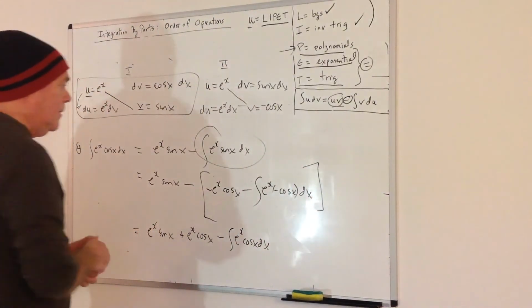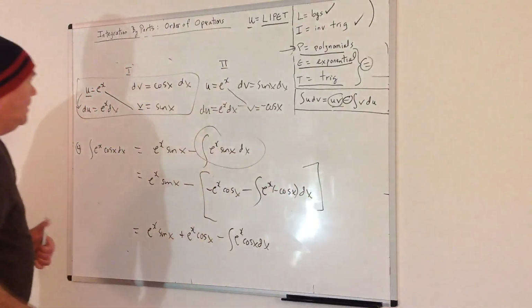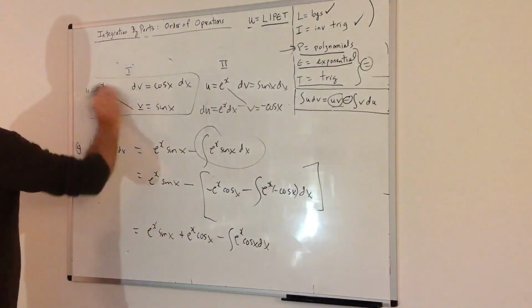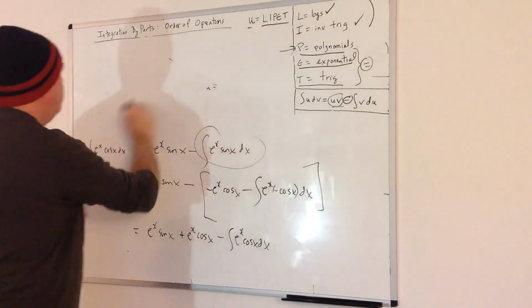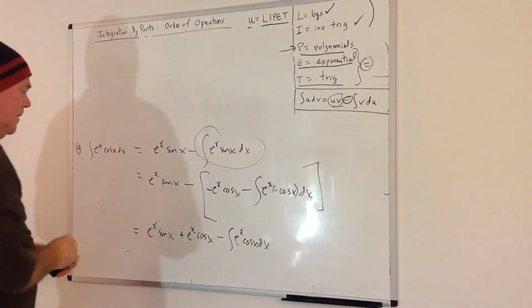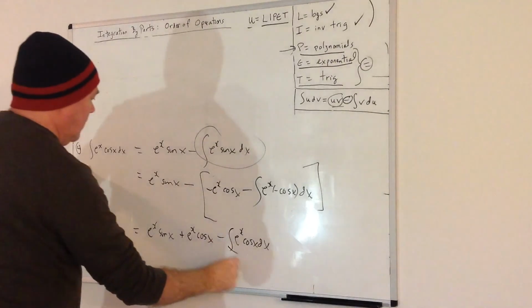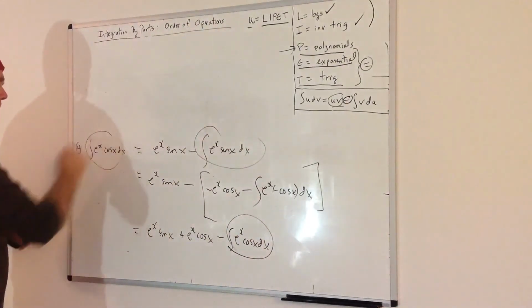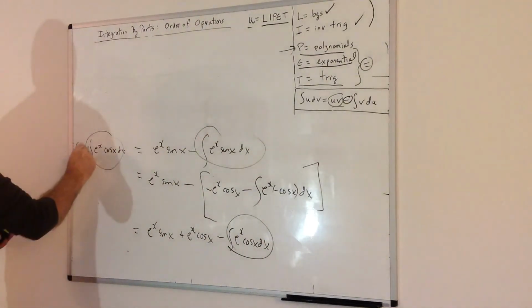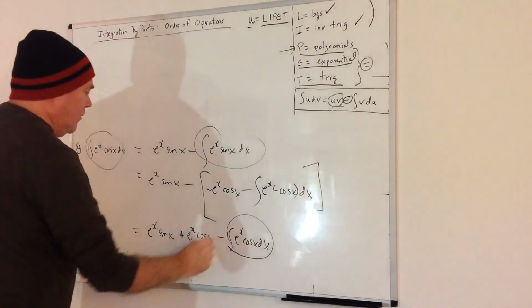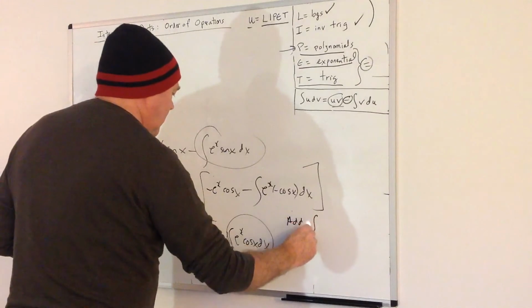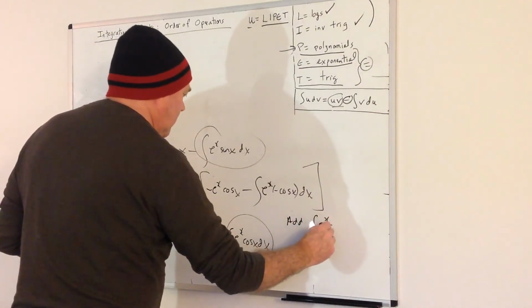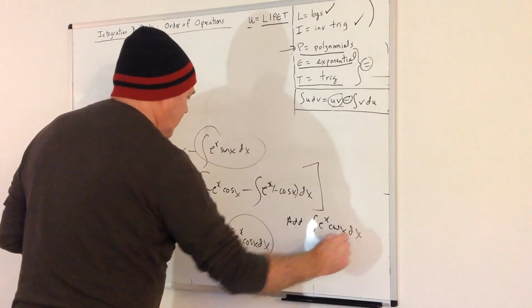And at this point, you might note that I'm going to erase all this top stuff here, make room. We can see that this expression here is exactly the same as what we started with. So if I put a 1 in front of this one, I put a 1 in front of this one, and we're going to add the integral of e to the x cosine of x dx to both sides.